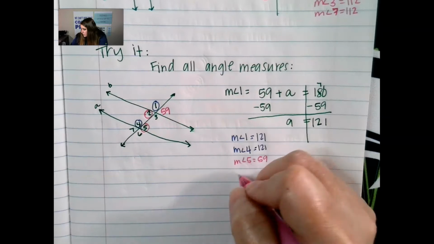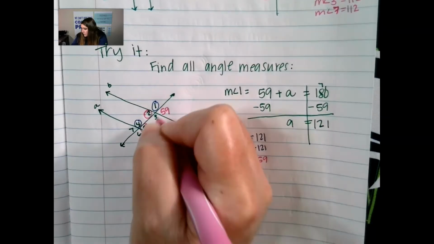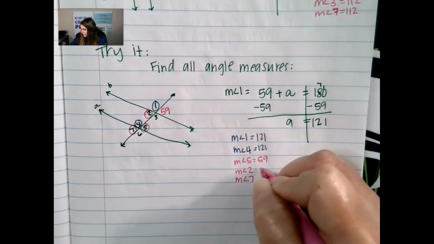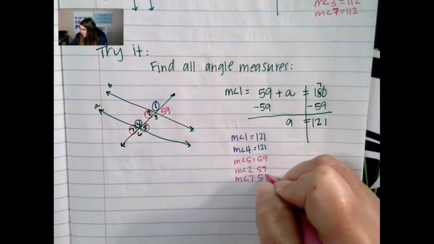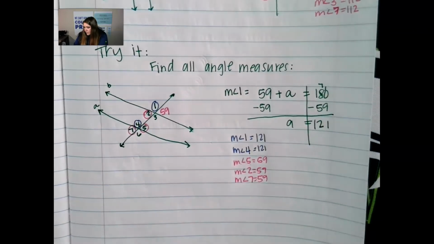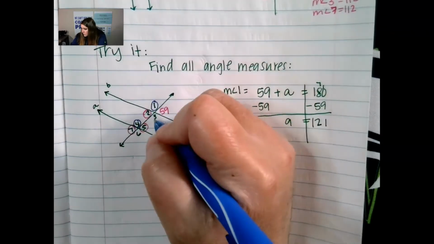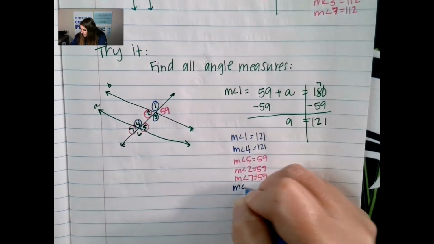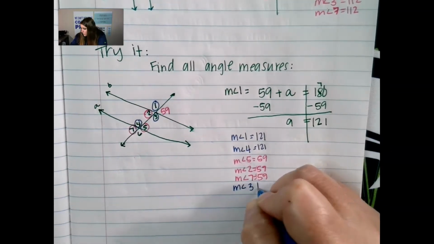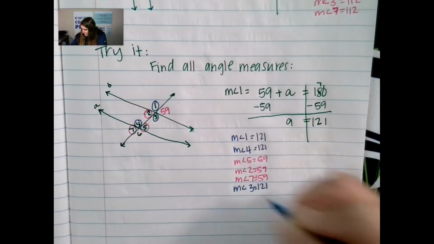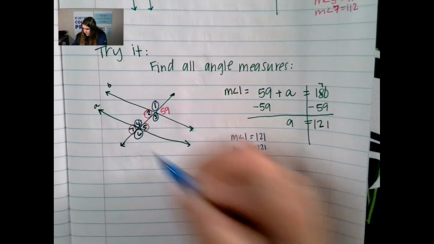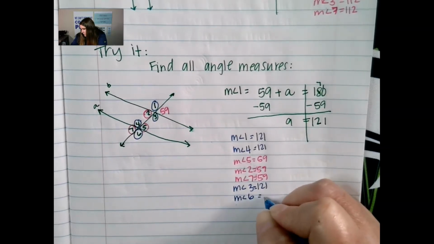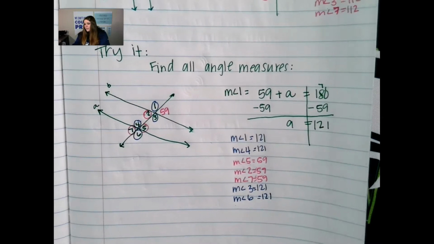So opposite is 2, measure of angle 2. And then the opposite of 5 is 7, measure of angle 7. 59 and 59. Again, opposites, measure of angle 1, measure of angle 3 is 121. And opposite vertical angle here, measure of angle 6 is going to give me 121.